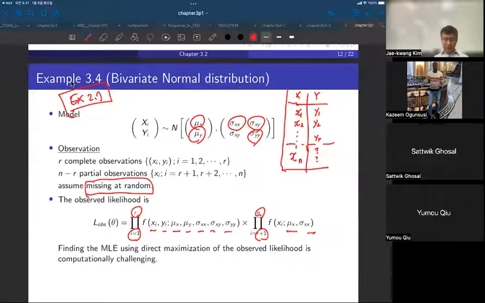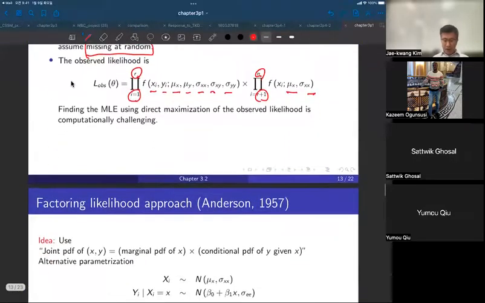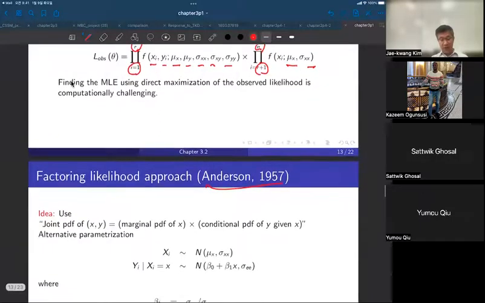And so we want to maximize, find the MLE, right? If you think about it this way, finding the MLE has some computational difficulty. And we want to avoid that. T.W. Anderson, who was at Stanford, came up with a very interesting idea.